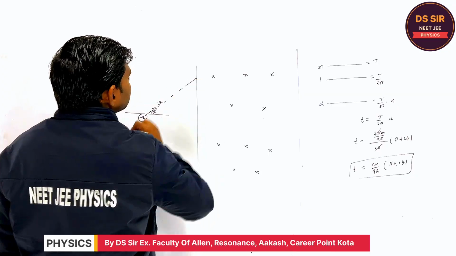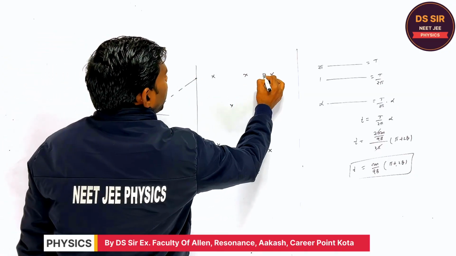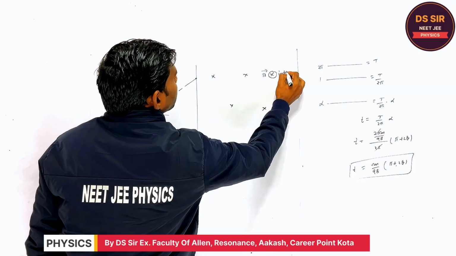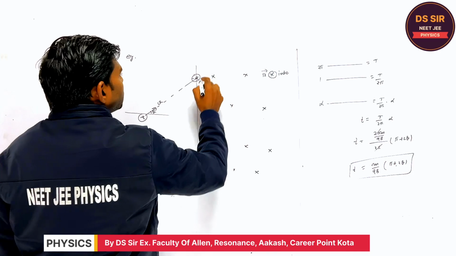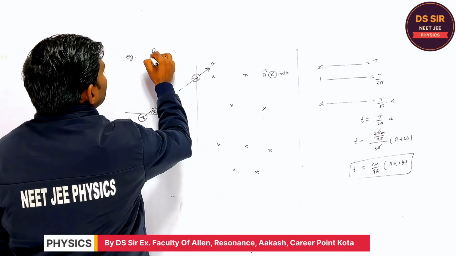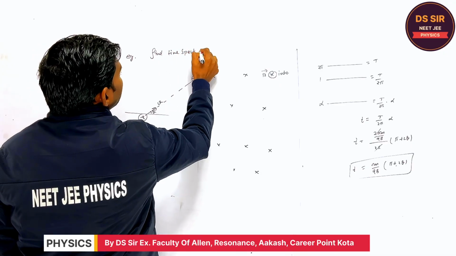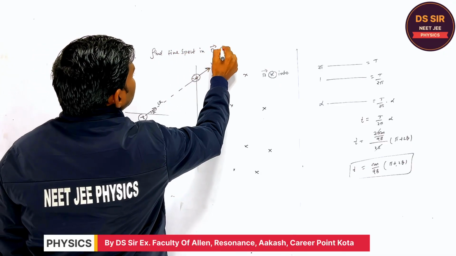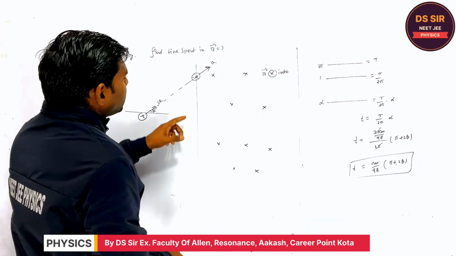So it enters the magnetic field. The charge is negative this time. The magnetic field is into the board. It is moving with the speed v. You have to find the time spent in the magnetic field. Try this.